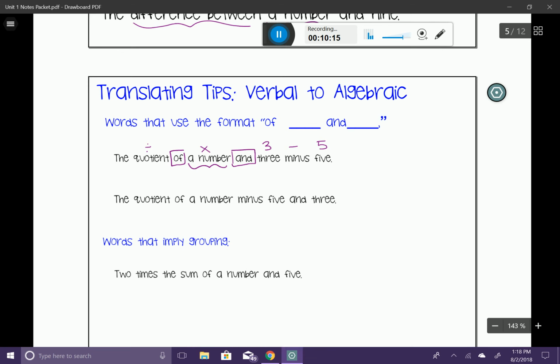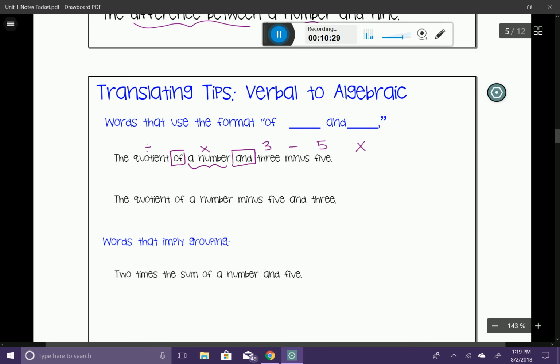So, the quotient of a number and 3. If you remember from the last time, we talked about that and is going to tell you where the division symbol is going to go. So this is going to look like this. The quotient of a number and 3. Remember, and is going to tell you where that fraction bar goes. So I'm going to say and 3. Now, that's it.